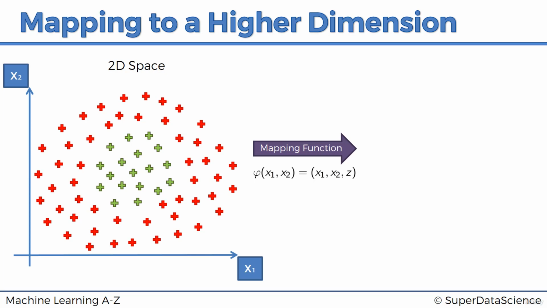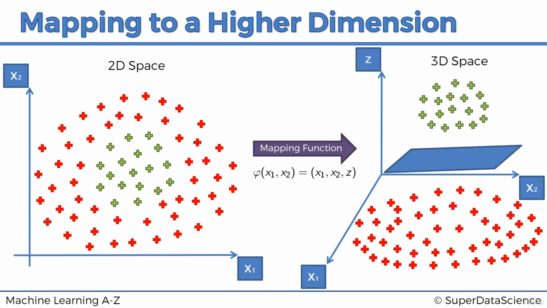We've seen empirical evidence that it is possible to do, and the same thing applies to two-dimensional space moving into a three-dimensional space. You would map it into a three-dimensional space, and then somehow it would become a linearly separable data set in this space. And here we've got the new dimension, which is z, and in a three-dimensional space, the linear separator is no longer a line, it's a hyperplane.